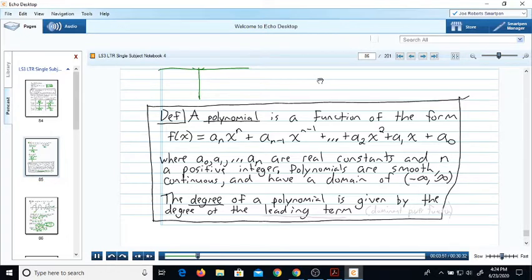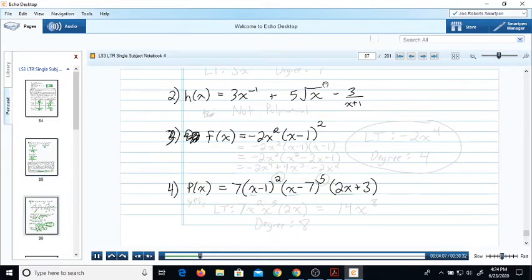Now the degree of a polynomial is given by the degree of the leading term, or in other words, the dominant power function in there.